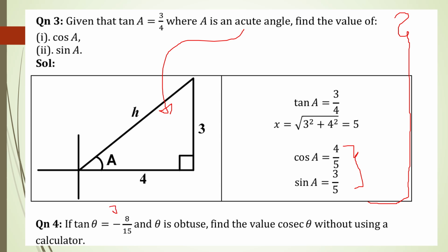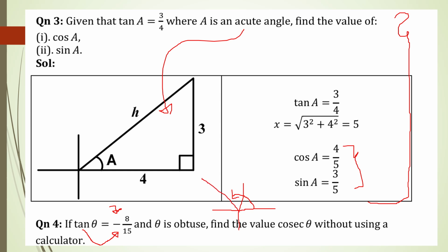If you look at this question, item 4, we are being given that tan theta is the same as negative 8 divided by 15. So they gave us an answer which is negative, and they told us it's obtuse. Remember that obtuse means an angle which does not exceed 180. So that means that our sketch is going to be lying in this region.